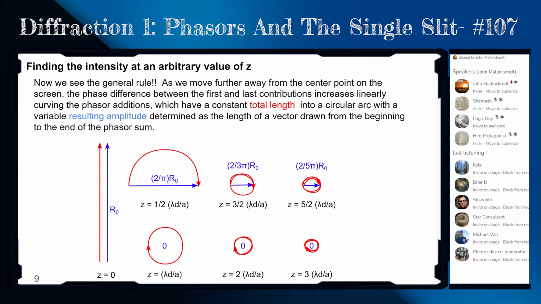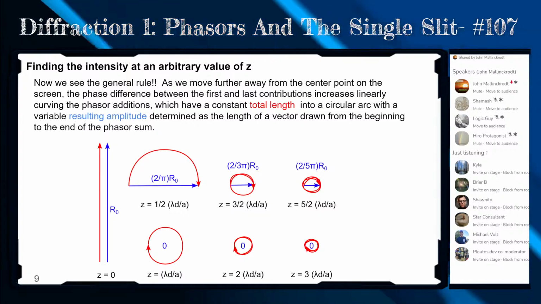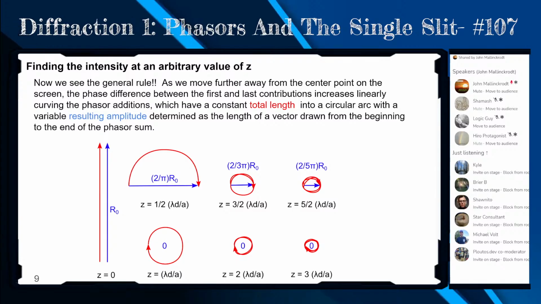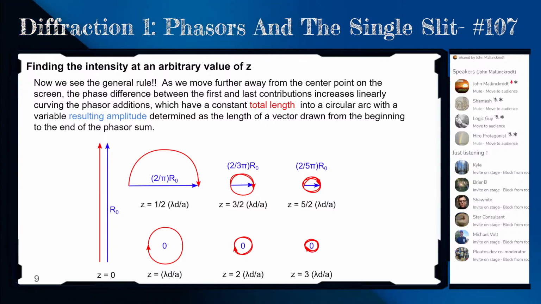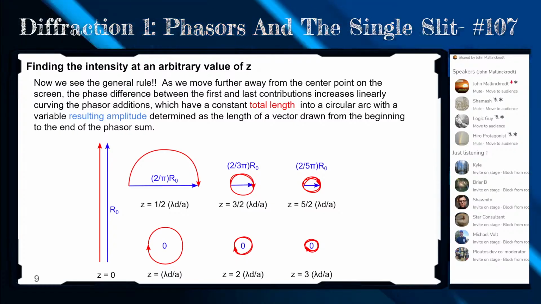So as I go further away from the center point on the screen, I come down from a very big maximum in the center to 0, and then it comes back up to a maximum of some kind, and then it goes to 0, and then it comes back up to a slightly smaller maximum, and then to 0, and continuing on and on and on.